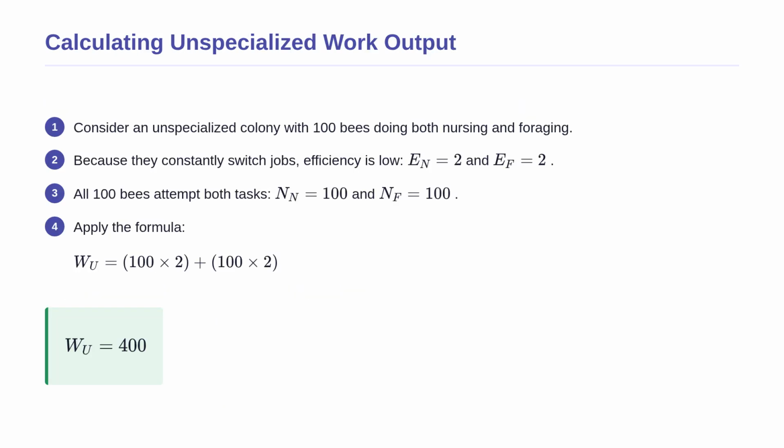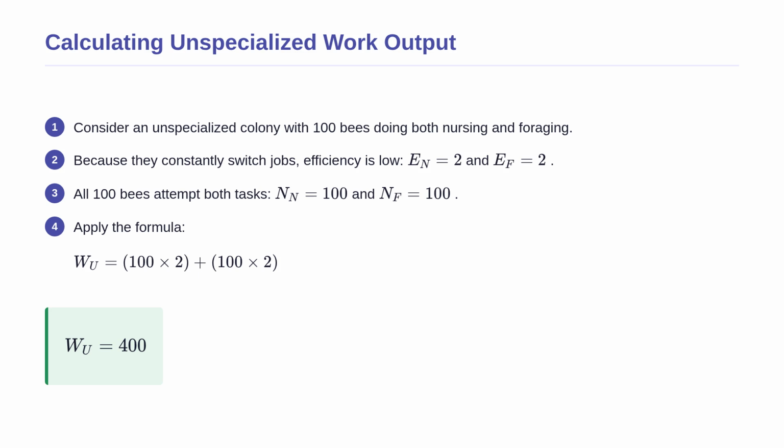Let us apply this formula to a concrete example to see the impact of specialization. First, we will calculate the work output for a confused, unspecialized colony. We are given a small hive with 100 bees that attempt to do both nursing and foraging. Because they are constantly switching jobs, their efficiency is a very low 2 units per task.